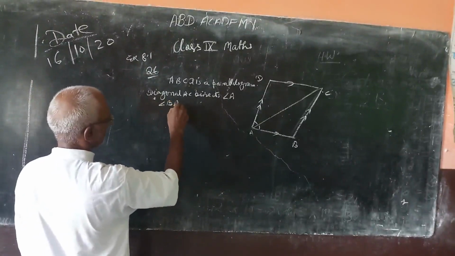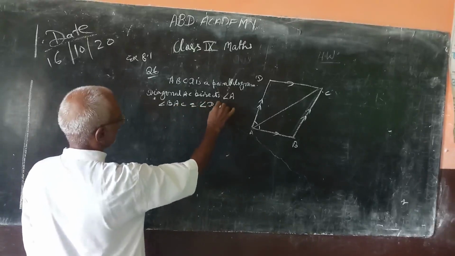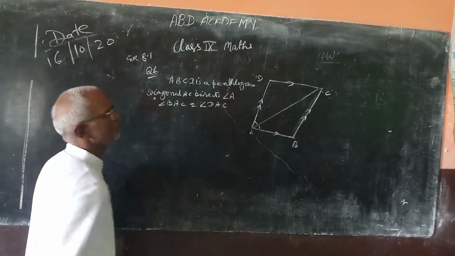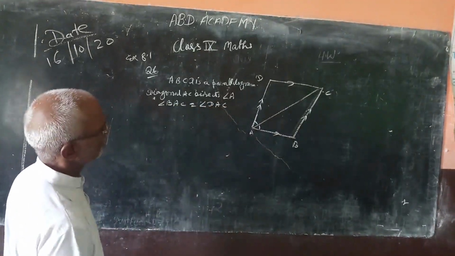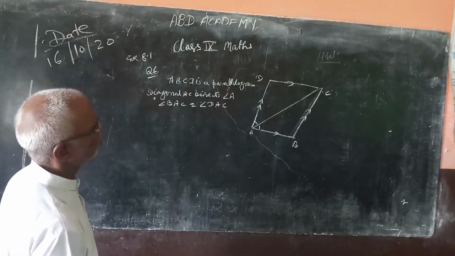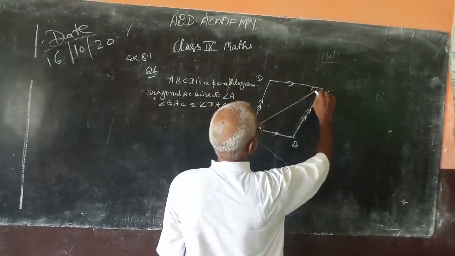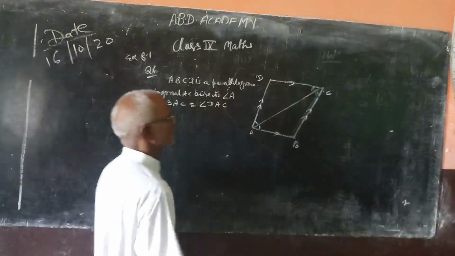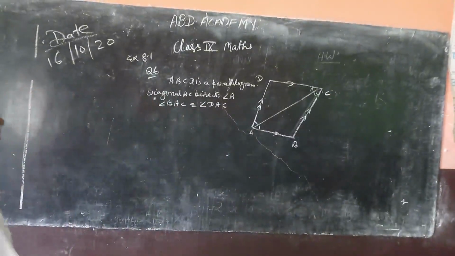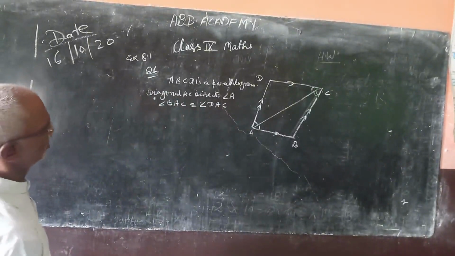It means angle BAC is equal to angle DAC. Then it is required to prove that this angle will be equal to this angle, which means BCA will be equal to DCA.